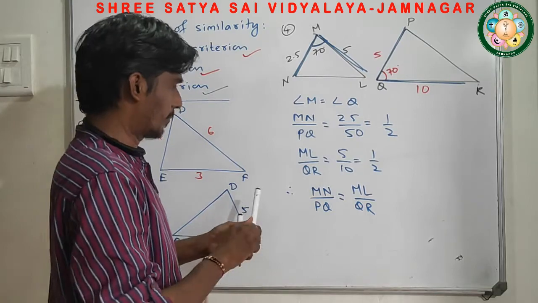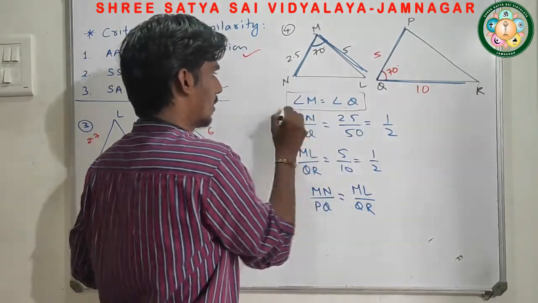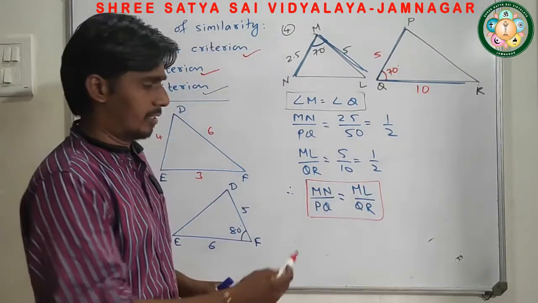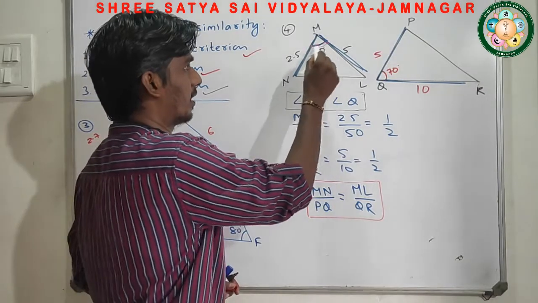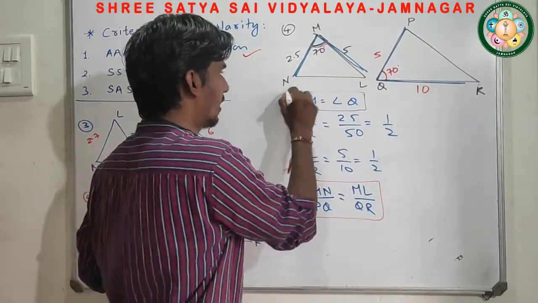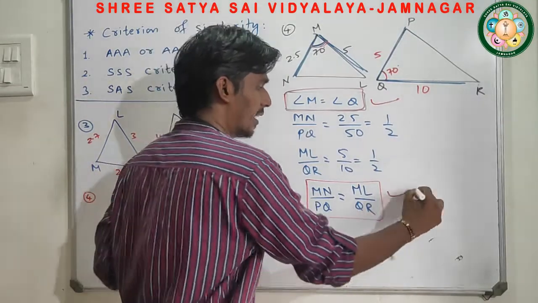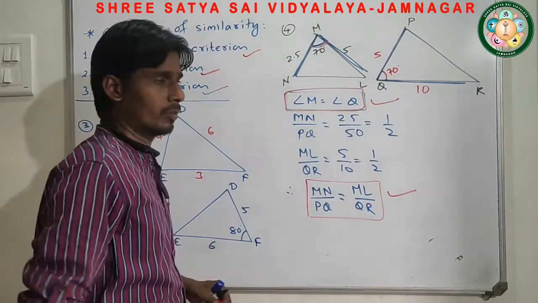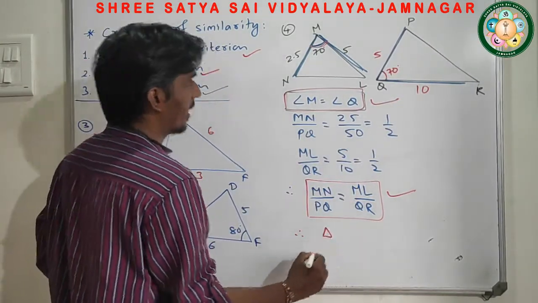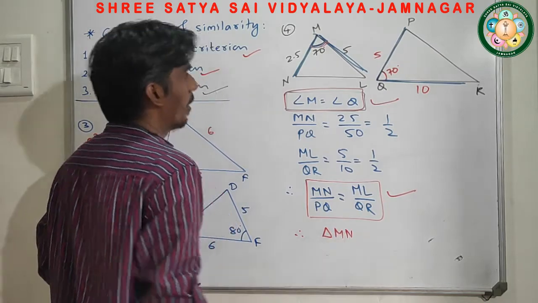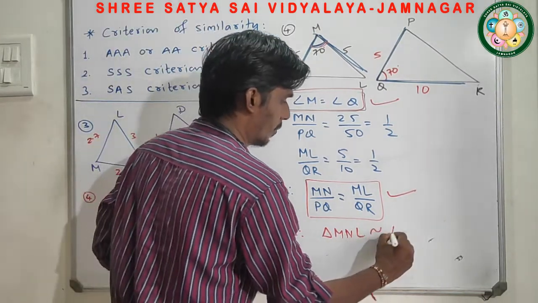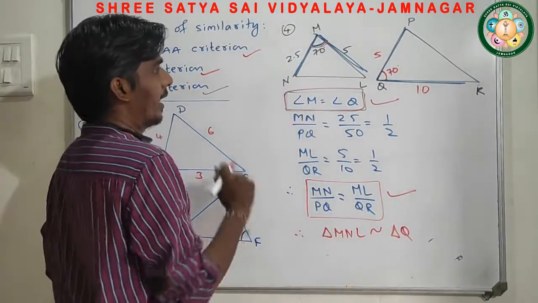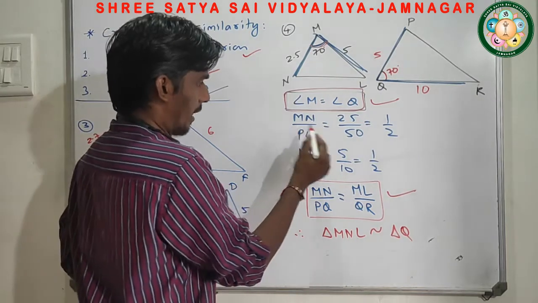So by these two conditions, the first condition is what? These angles are equal, and these corresponding sides are in proportion. Having this angle, these are the included sides. By these two conditions, I can say that this triangle is similar to this one. So I can say that triangle MNL is similar to triangle, M corresponds to what?